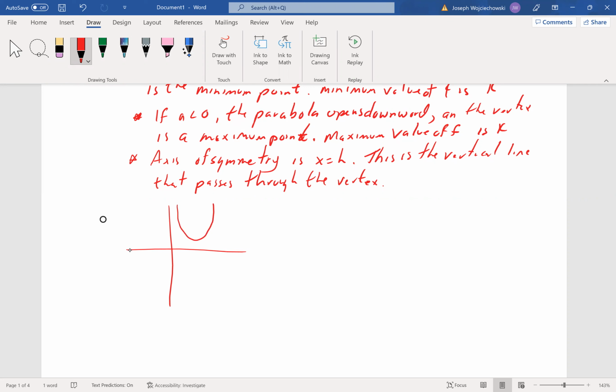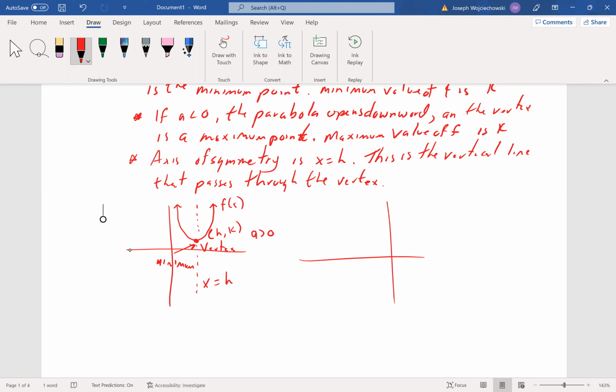So let's look at this. Here we have a parabola, f of x. We have a vertex here, which in this case is a minimum, and our vertex is h, k. Then I have a line of symmetry here, x equals h. In this case, a was greater than 0.